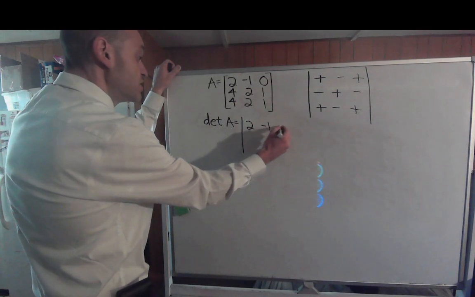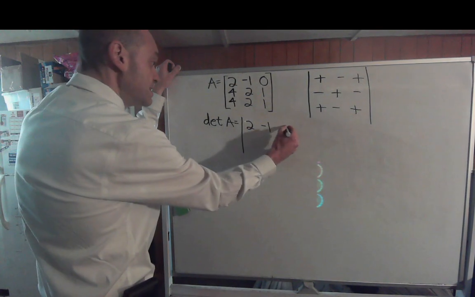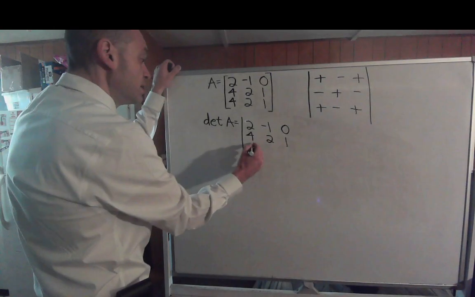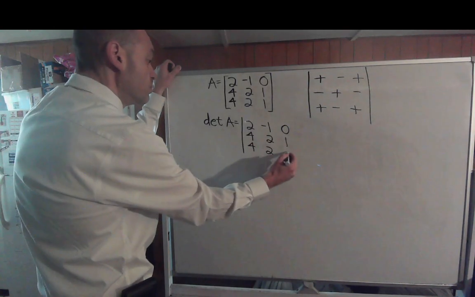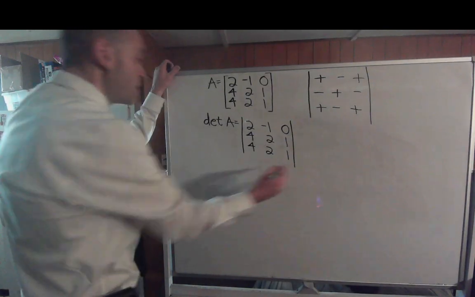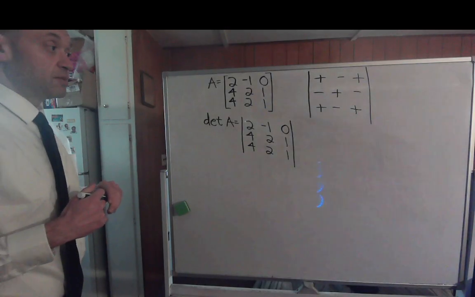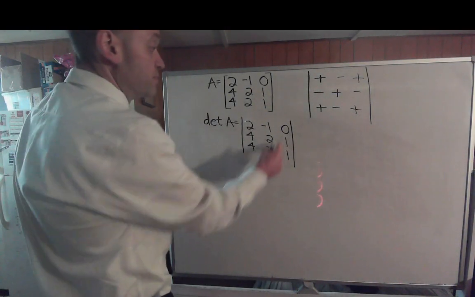So 2, -1, 0. 4, 2, 1, 4, 2, 1. All right, well, let's go down the third column.